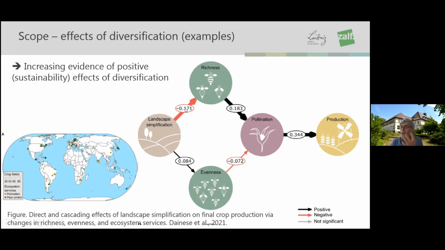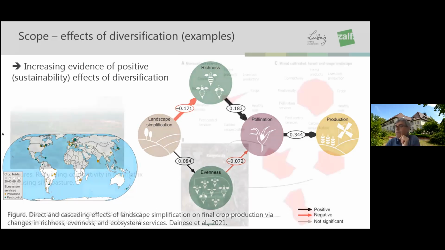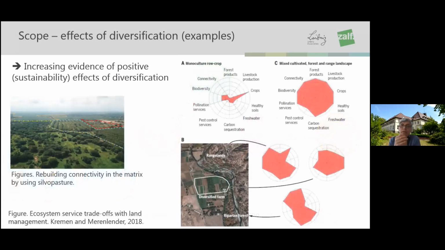So it's pretty much in line of what you have seen before. There's a positive effect on pollination and a positive effect on production. So once we are able to increase richness, we would increase pollination. And we see, at least from these data, some effect on production. So initial data here becoming available that show that those effects are in fact really measured.